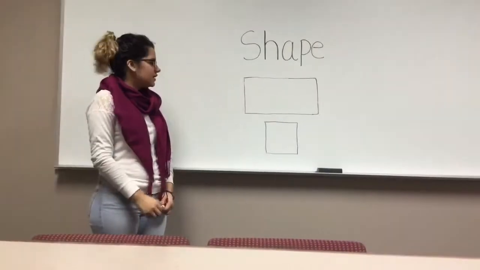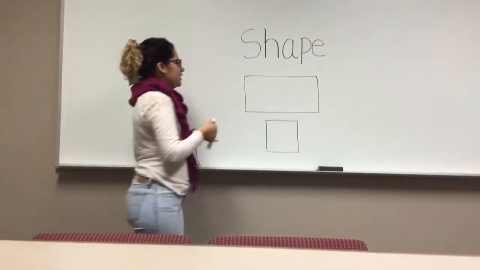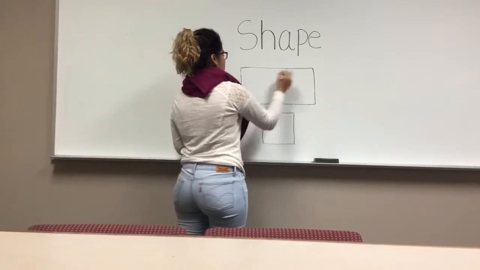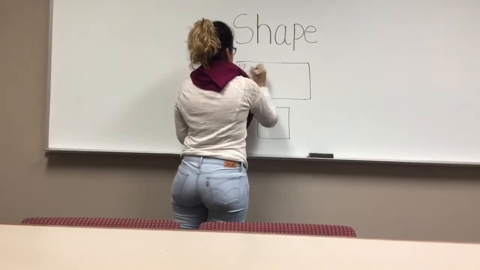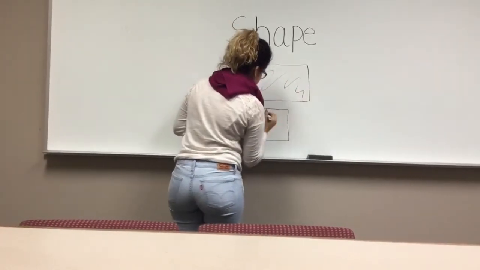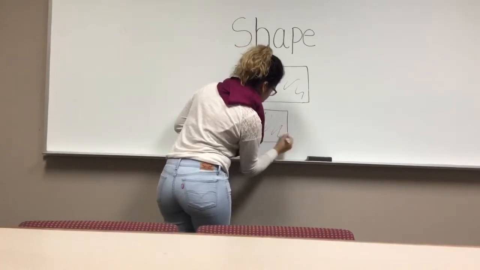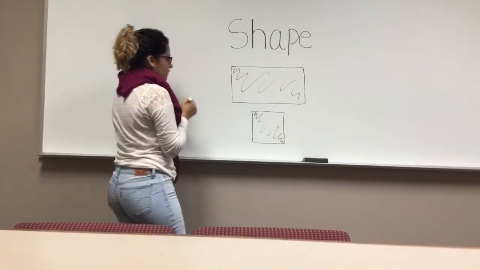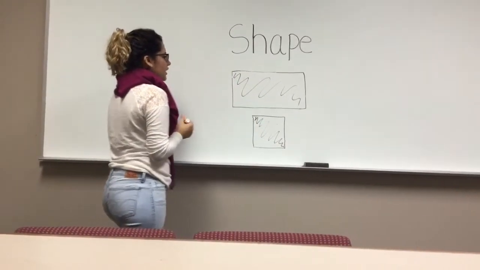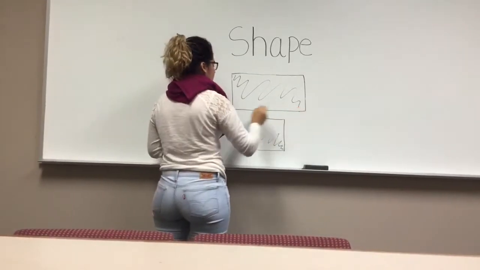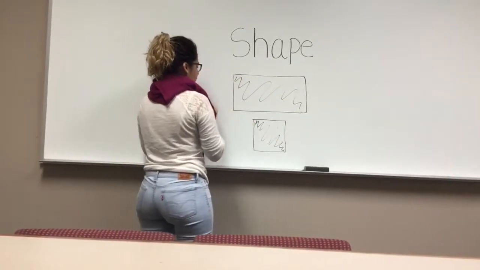Good morning, class. Today we're going to be talking about area. Area is all the space within the shape. So all the space in here and all the space in here. To find the area, we multiply the length times the width.